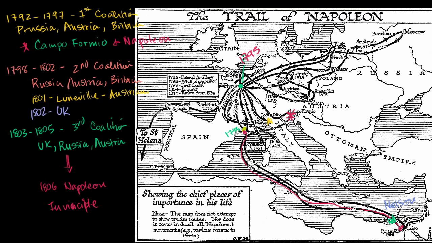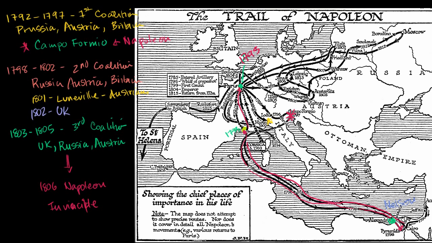So they were stranded. In 1799, Napoleon was essentially able to abandon all of his troops and then come back to France on his own. So this is in 1799. Napoleon makes his way back to France. And then we saw in the last video, he takes power with two of the directors as the three consuls of France.